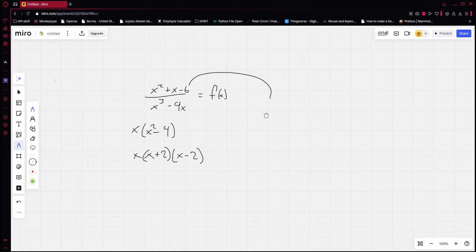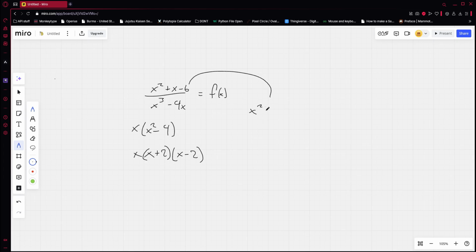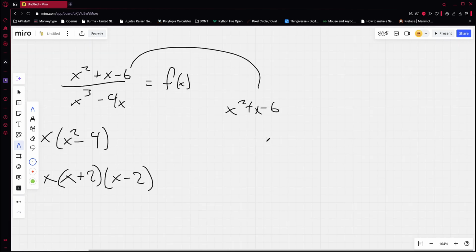Now let's bring this one around. x squared plus x minus 6. Immediately we know that we have to subtract by less than how we add, because it has to end up being positive. So that means the number that is subtracted has to be less than the one that's added, and they have to be within 1 away from each other.